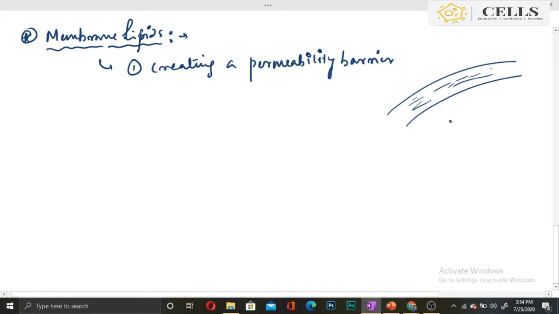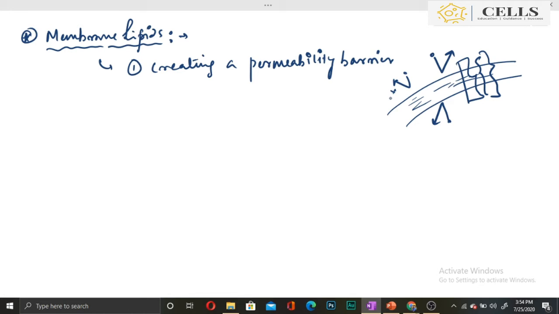So these molecules can't go there, and these molecules cannot come here. So they are creating a permeability barrier. Anything has to go through a particular transporter, using energy or without energy, that is a different thing. But this lipid layer is creating the permeability barrier. So these lipids are mainly responsible for creating the permeability barrier of the membrane.